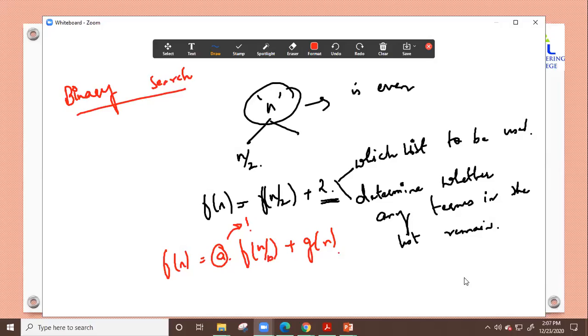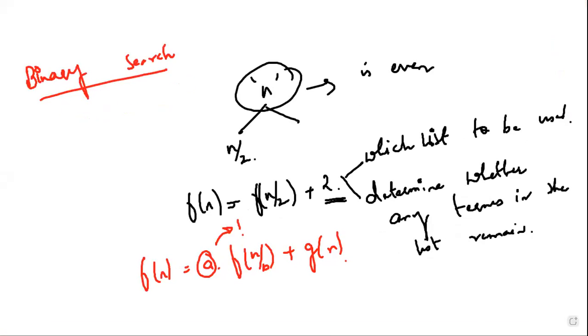The next example we can take is finding the maximum and minimum of a sequence. Consider the following algorithm for locating the maximum and minimum of a sequence. Suppose we have an array a1, a2 and so on up to an.